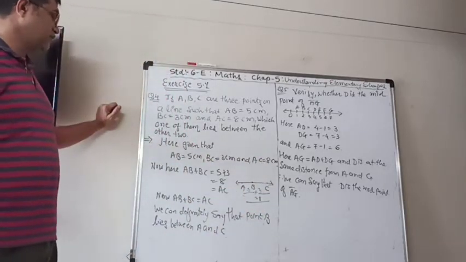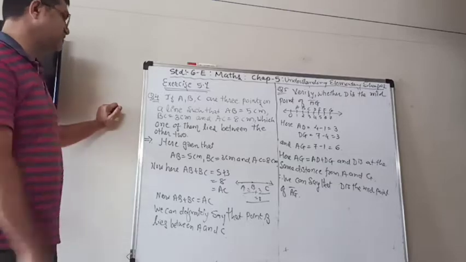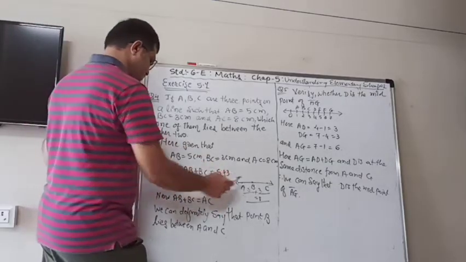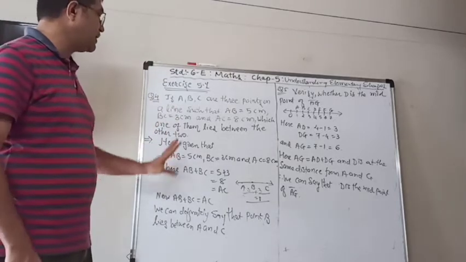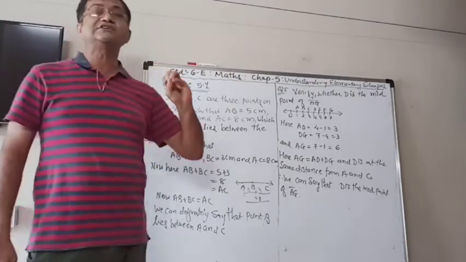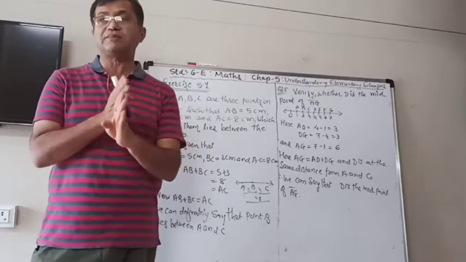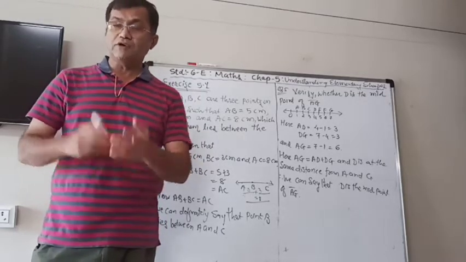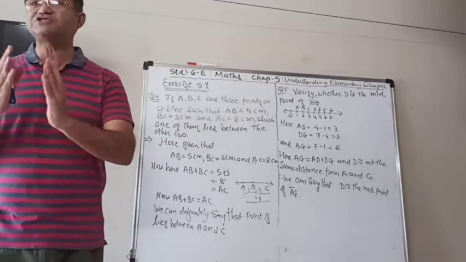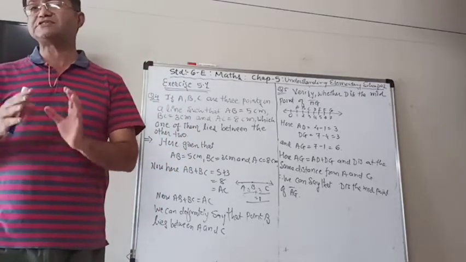It means that we can definitely say that the point B lies between the other two, means between the points A and C. So whenever this type of situation occurs that 3 measurements are given, then what we have to do? We have to check the sum of which two measures is equal to the other one.